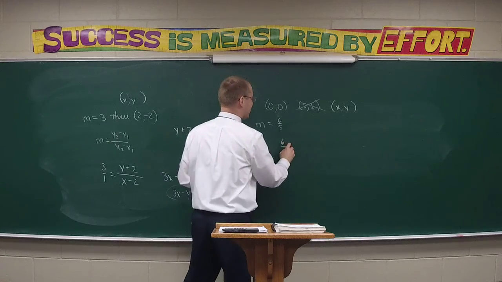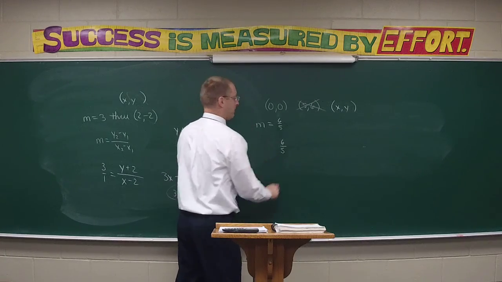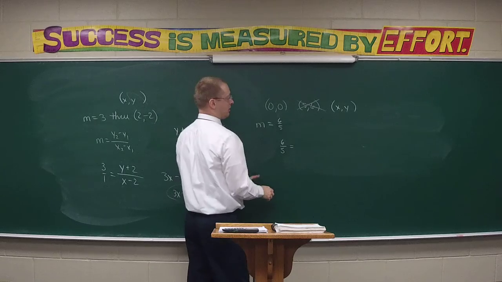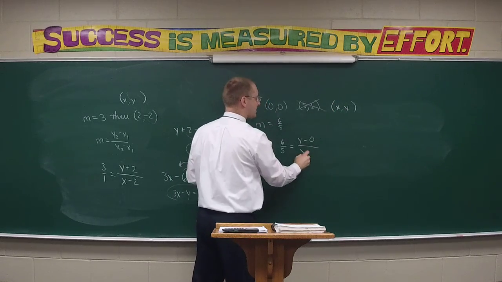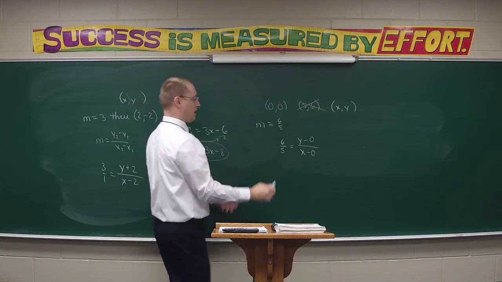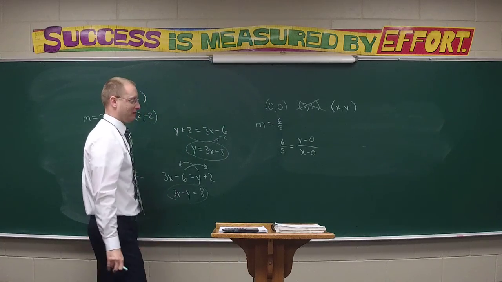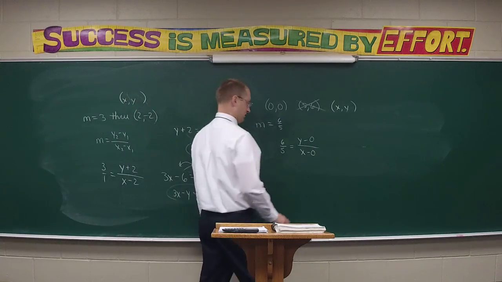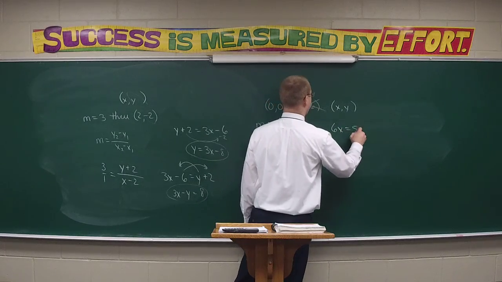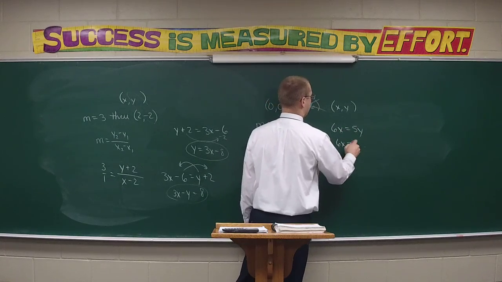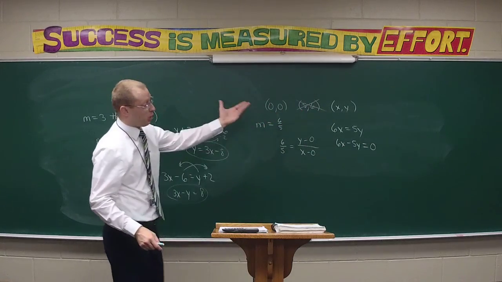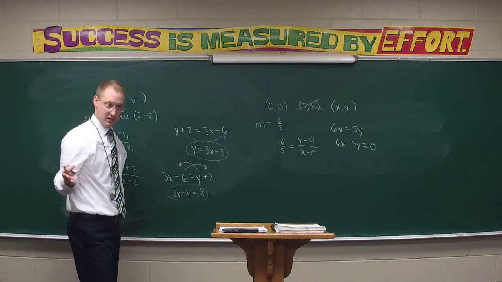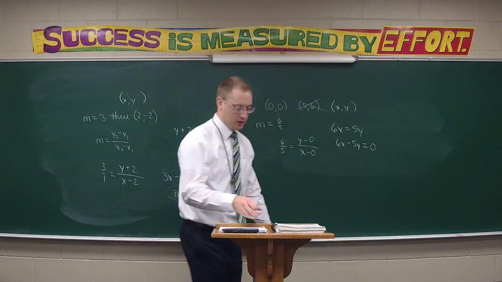And let's say that 6/5 equals the change in y minus nothing, over the change in x minus nothing. And when we cross multiply, what's our equation? 6x equals 5y. Good. We could, I suppose, say 6x minus 5y equals 0, but there's nothing wrong technically with the other. Does that make sense?